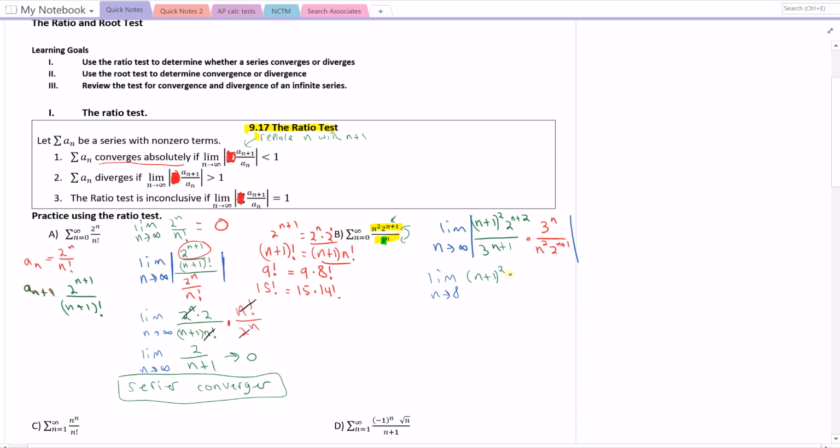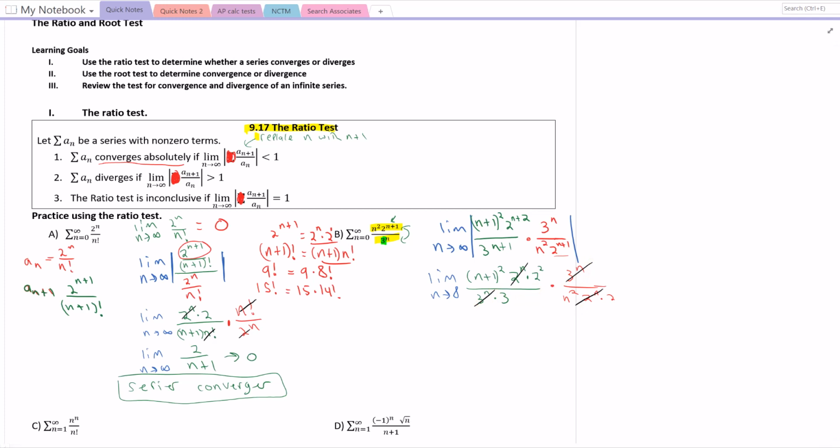Well, let's just write it like this: 2 to the n times 2 squared. And then the bottom is going to be 3 to the n times 3. And we're multiplying this by 3 to the n over n squared, and then 2 to the n times 2. I'm going to rewrite that using that property of exponents.